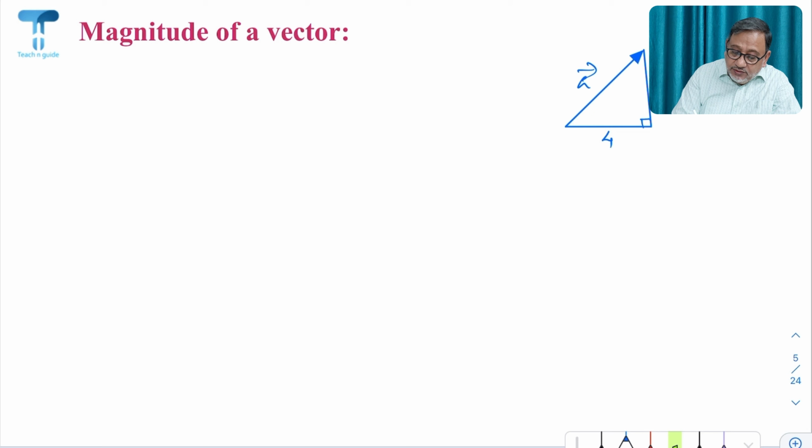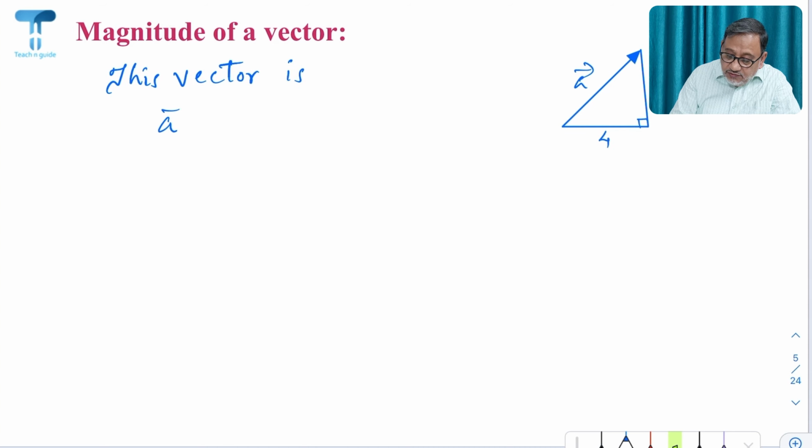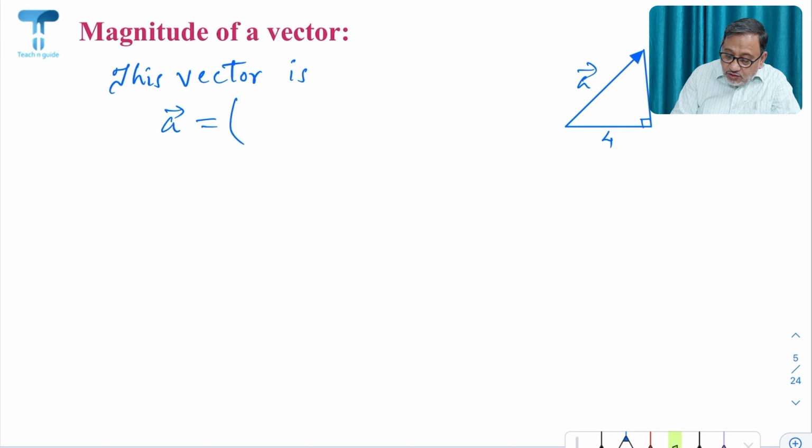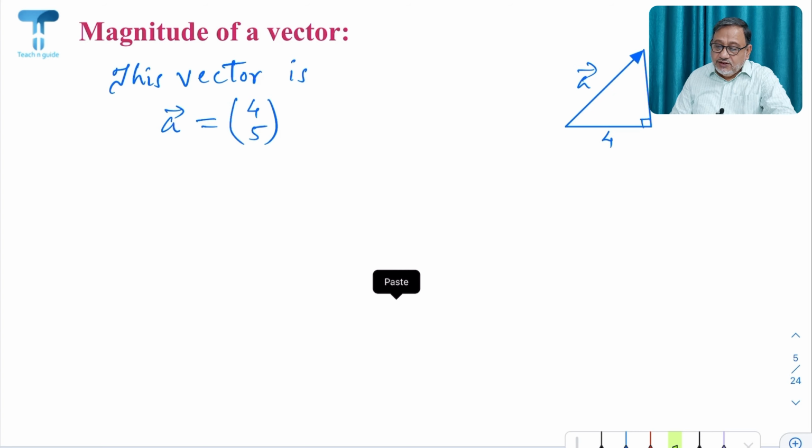So therefore this vector is vector A, which is 4 and 5, 4 in the direction of x-axis and 5 in the direction of y-axis. Now to find its magnitude, I have to write it in the modulus form.